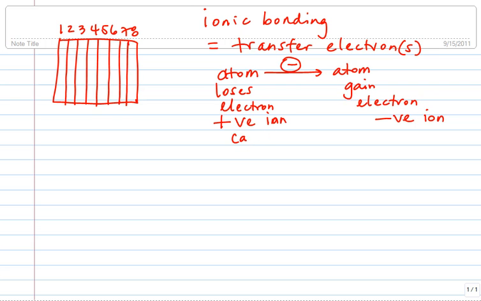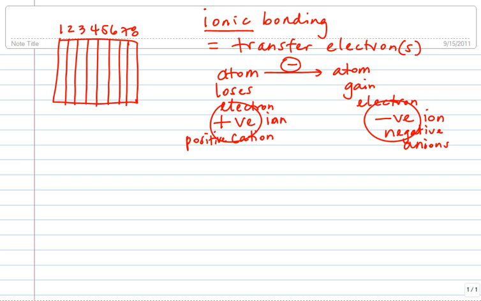These happen to be called cations because we positively love cats, and these are negative, or anions. So positive cations, negative anions. And so there's been a transfer of negative electrons resulting in ions, which is why we call it ionic bonding, because opposites will attract, and that's what the bond is really all about.